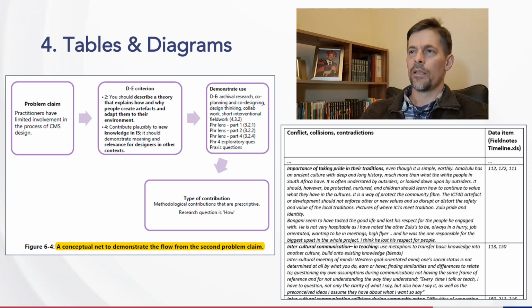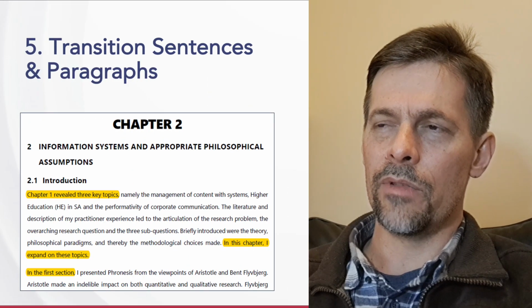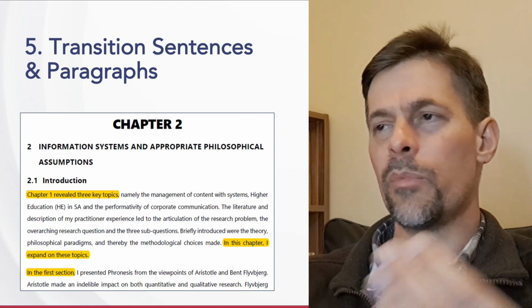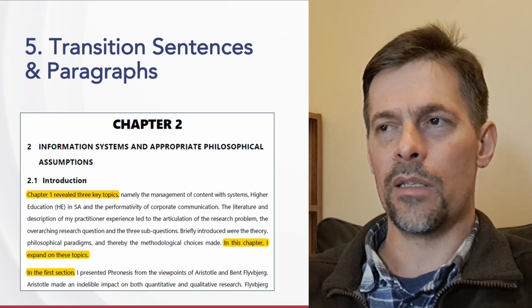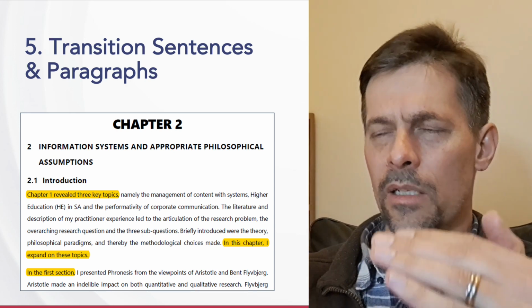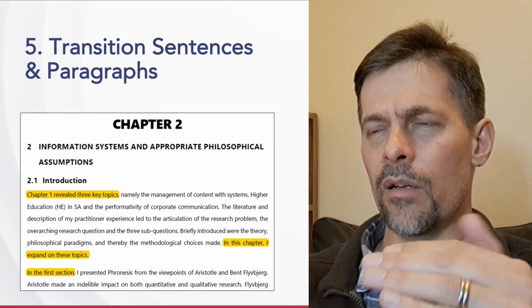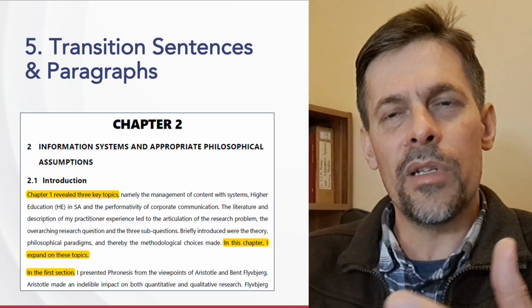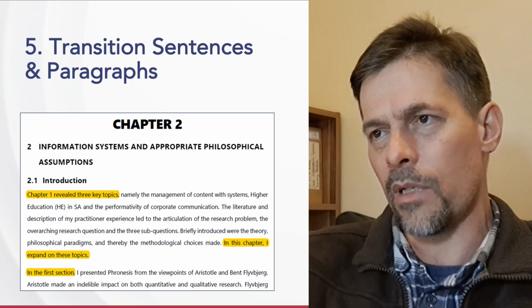The fifth point that I would suggest is using transition sentences and paragraphs. A good place to put that would typically be at the beginning of the chapter. In this example, you can see there's a transition paragraph where the reader, when starting chapter 2, is reminded of what happened in chapter 1.